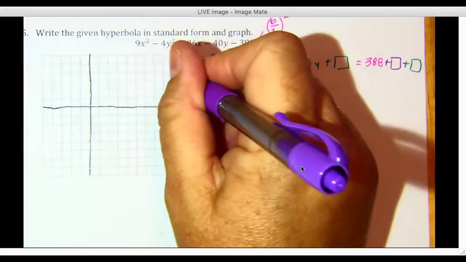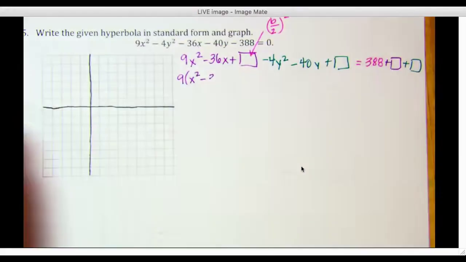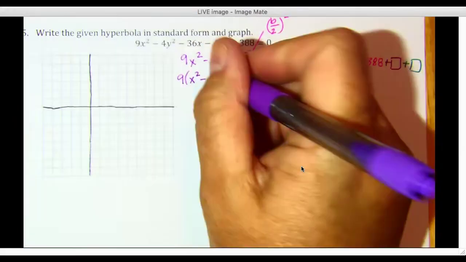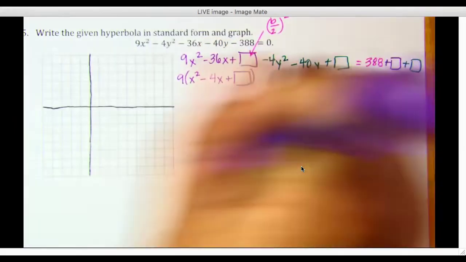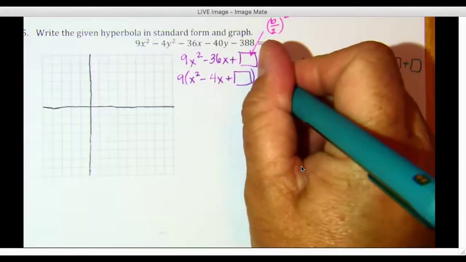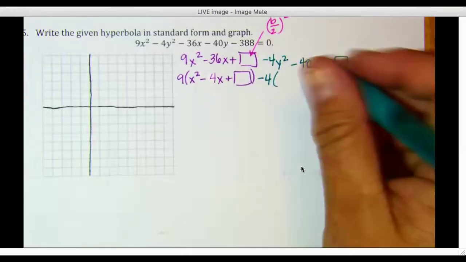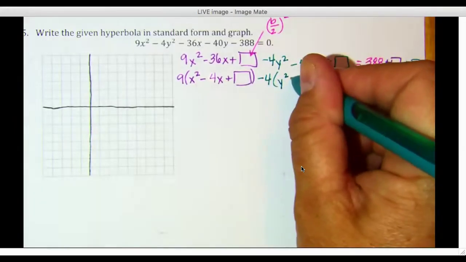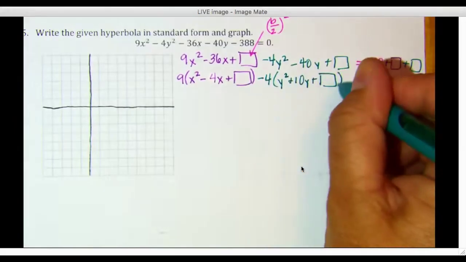So I'm going to factor out 9, and I'll have x squared minus, not 36, 36 divided by 9 is 4, and then plus something. And then I'm pulling out a -4, so I need to be careful here with my signs because they're all switching. So pulling out that -4, I have y squared plus 10y, and then I'm adding something here.